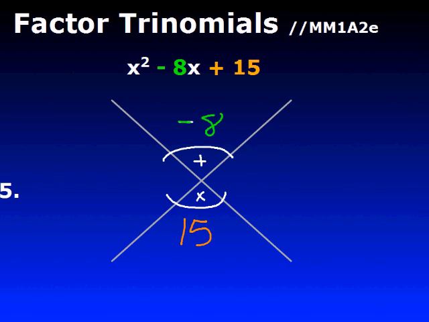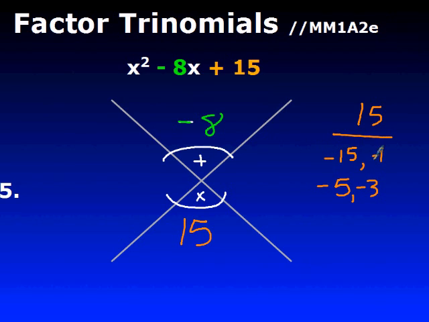To help us out here, let's factor 15. 15 and 1, 5 and 3, and I believe I've hit them all. Let's look for the pair that add to be negative 8. Neither of these add to be negative 8. So let's get a little more creative and recall that we can also multiply to get a positive 15 if both these numbers are negative.